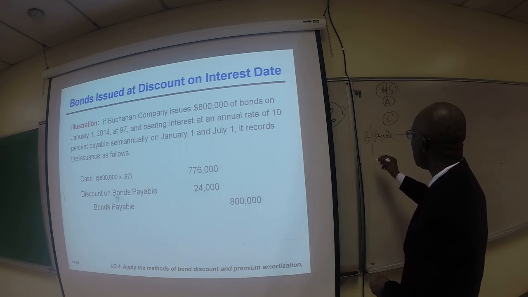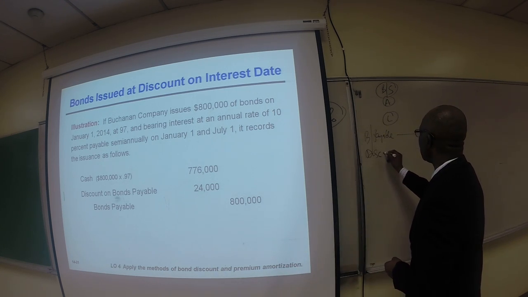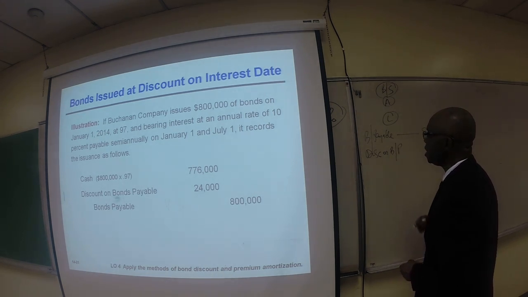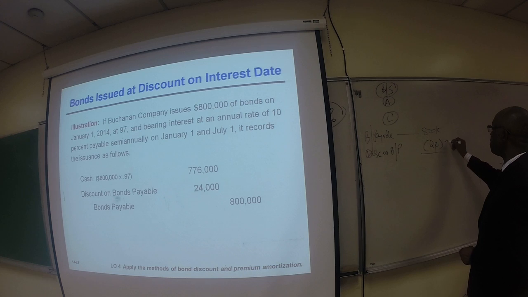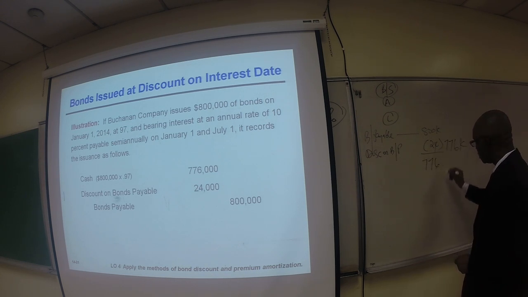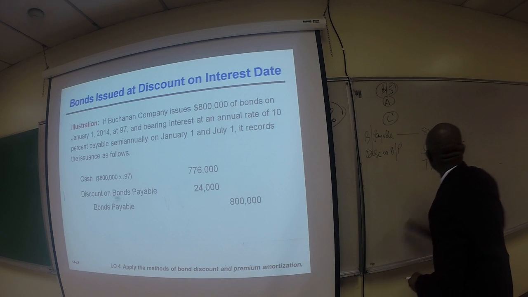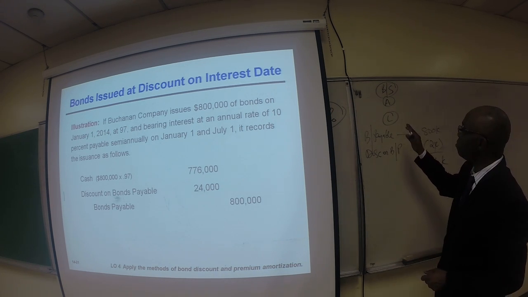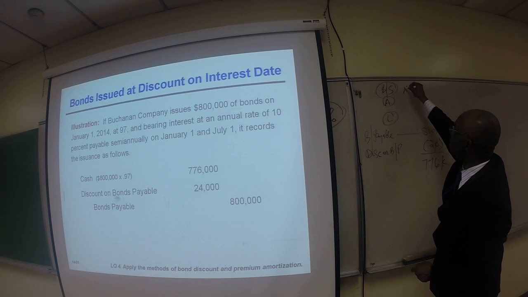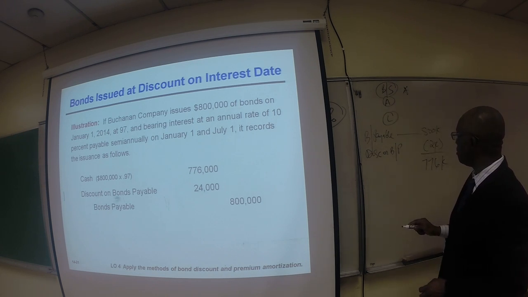So for reporting purposes, we have here discount on bond payable, $24,000. So we have $776,000. If we were to report the bond on day one, what are we talking about here?